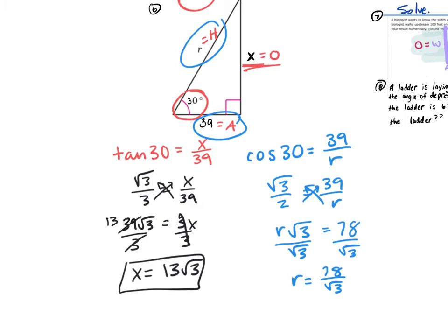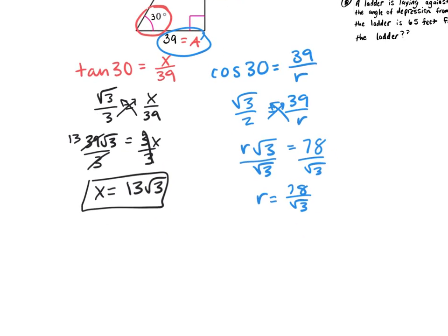Can we leave our answer like this? No. Nope, have to rationalize. So multiply the top and the bottom by square root 3. So we get 78 square root 3 over 3. Can we simplify this? Yes.